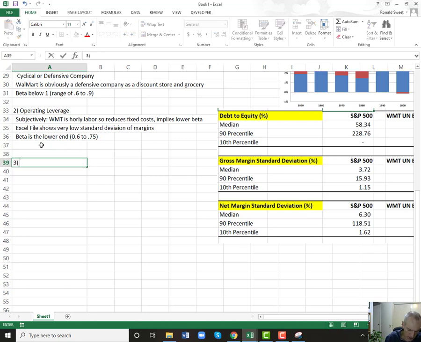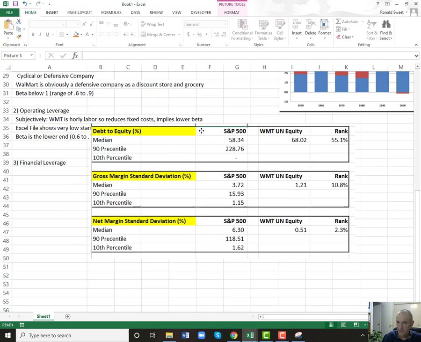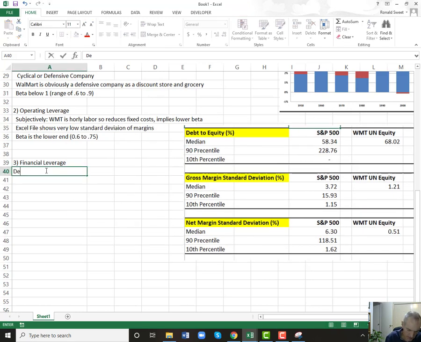And the last thing we do, we look at financial leverage. How much debt does the firm have? And you can see right here, debt to equity. Their debt to equity is slightly above the median for the industry. So that will push the beta up a little.